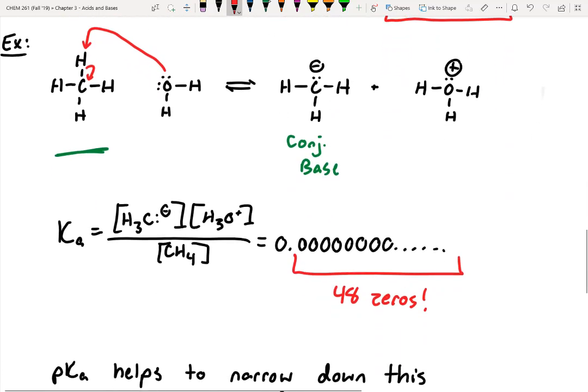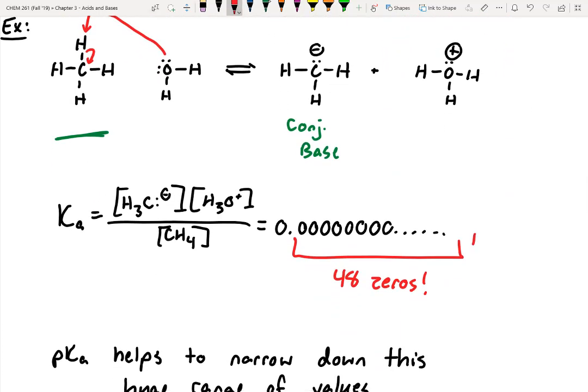All right, over here, this would be a pKa value of 48. That's really, really large. Once you're getting into the 30s, you're looking at molecules that just don't want to give up their protons very much. But now we're dealing with a range from about -10 to 50. That's a lot more manageable to work with.